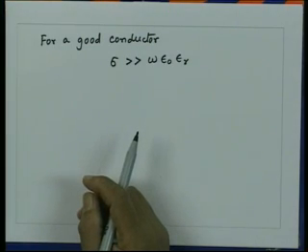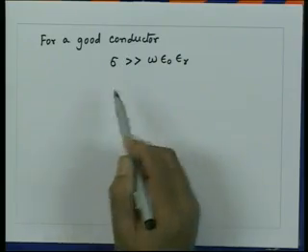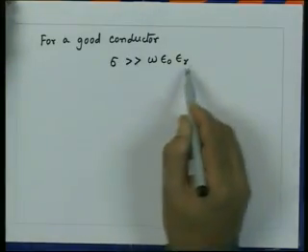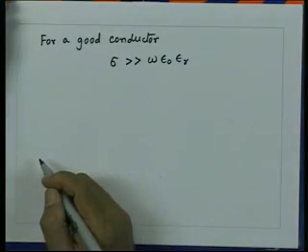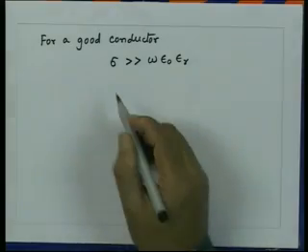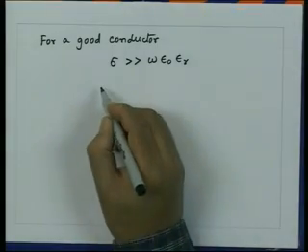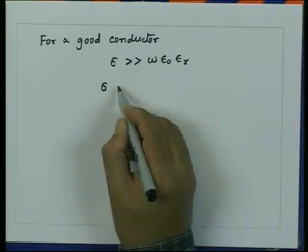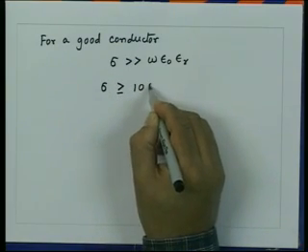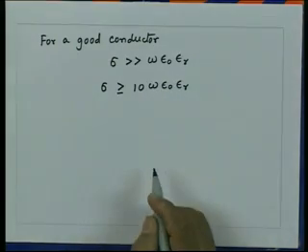Let us say that if this quantity is 10 times this quantity, just an arbitrary number, then we say the material will behave like a good conductor. So, let us say that sigma should be greater than or equal to 10 times omega epsilon 0 into epsilon r.